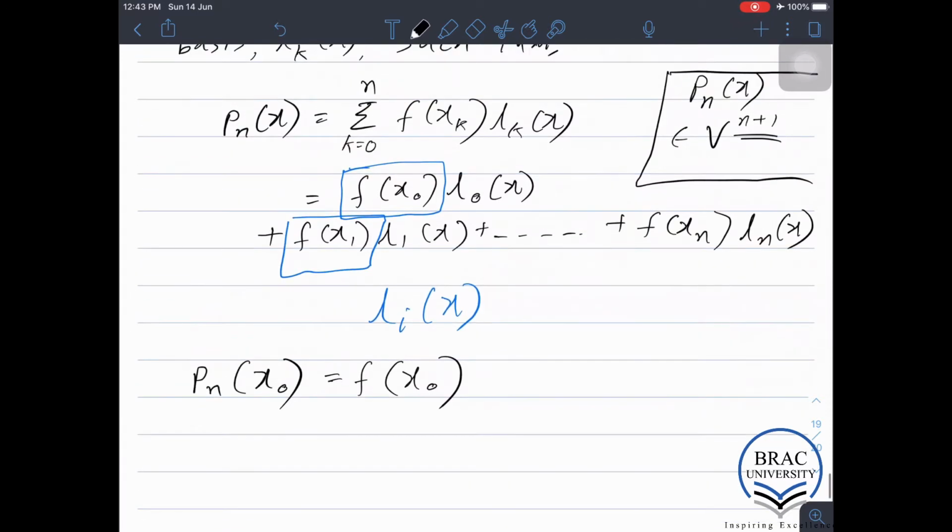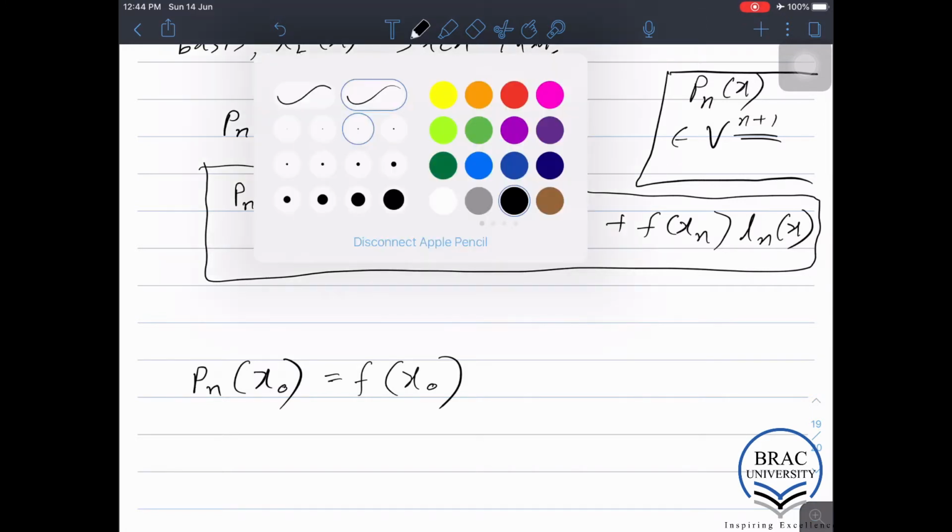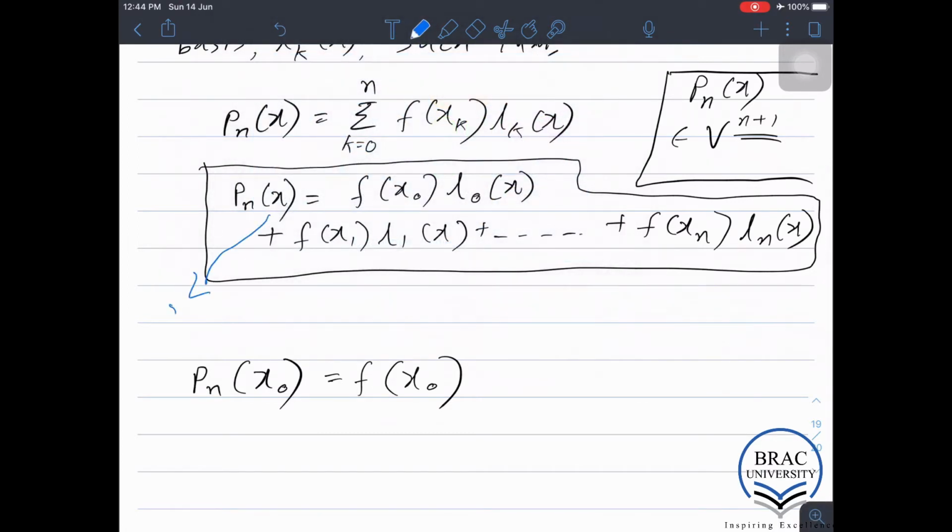This is the polynomial interpolation condition. And if you look at this equation, Pn of x, you can see that whenever you put x0 here, you want the first term to go to 1 and all the rest of the terms to 0, right?